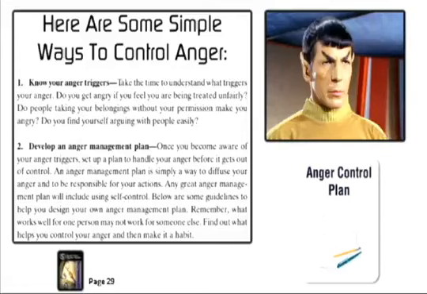Do you find yourself arguing with people easily? So you got to know what triggers your anger. You got to know what pushes your buttons. You got to be aware of it, okay? And that's why, in the 3rd chapter of the self-control unit, we talked about the anger sequence.